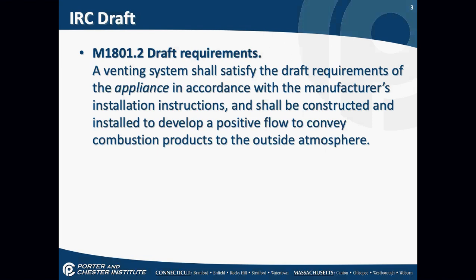A venting system has to maintain draft requirements. We have to make sure that we always have a flow of the combustion products to the outside atmosphere. That's all we're saying. This is in code.